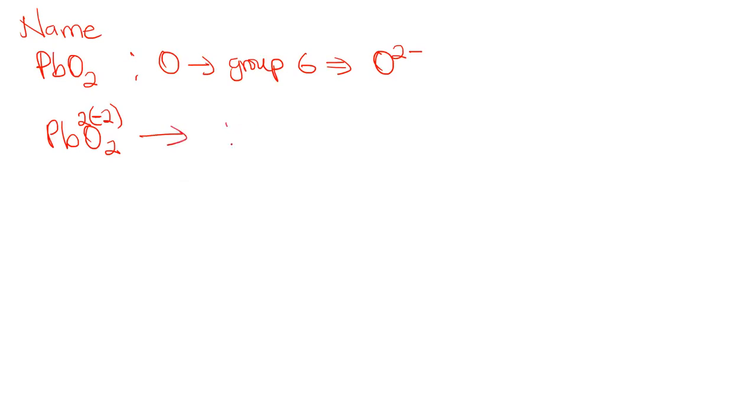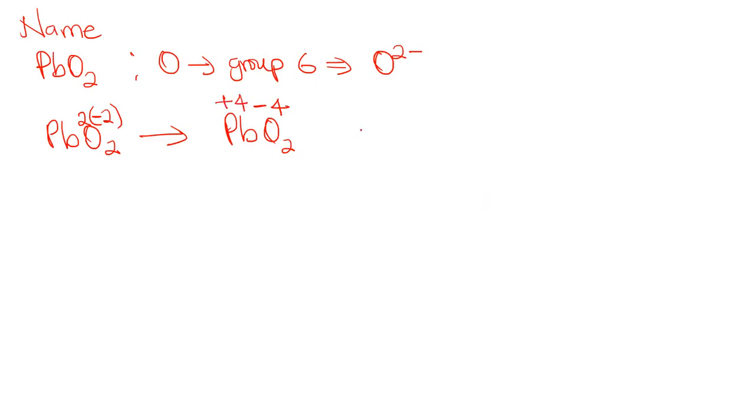So this will give you PbO2, but the total charge is -4. That is the total charge of oxygen. Now, if the total charge of oxygen is -4, then this one must be +4.